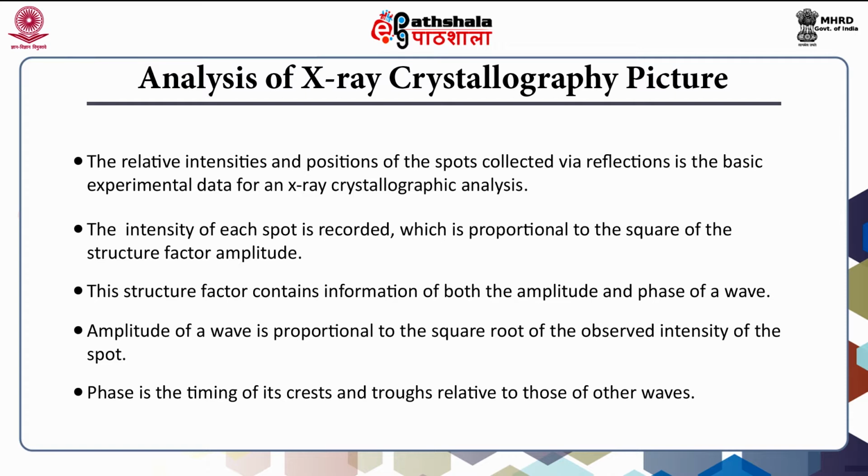The main point here is that each spot needs two kinds of values. One is the intensity, by which we can calculate the reflection. The other is the phase value of that particular spot. With these two values, we can calculate the 3D structure of the protein. How to calculate the 3D structure of the protein, we will see in the next slide.